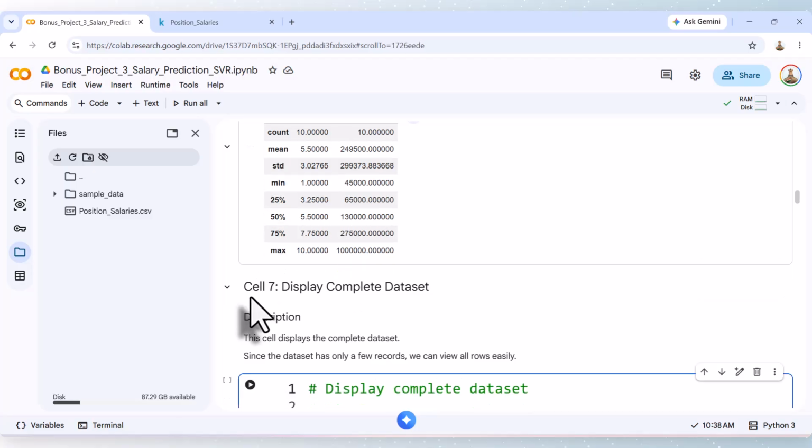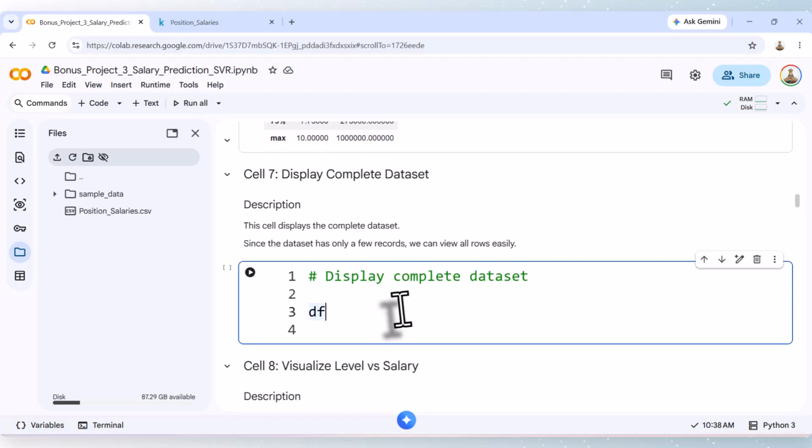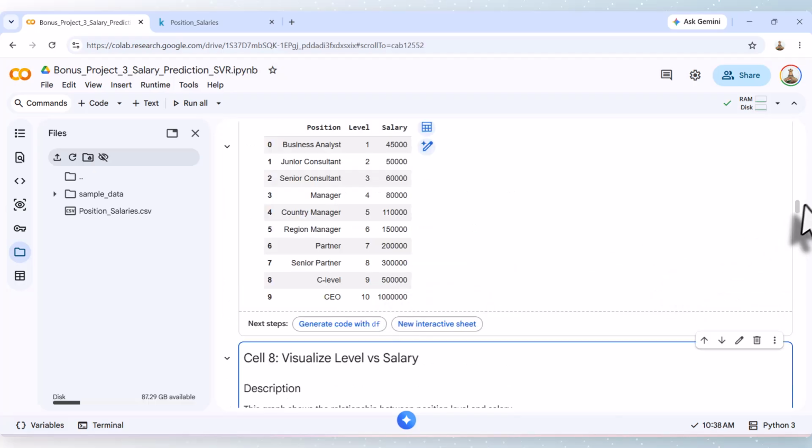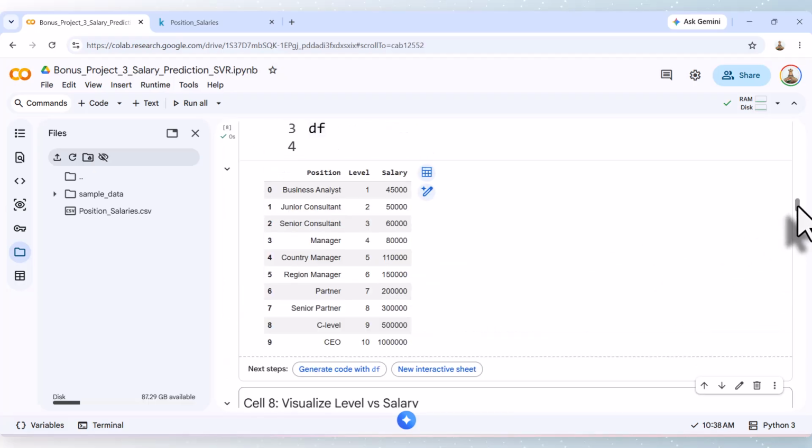Now here I am going to display the complete data set for checking how many total columns there are, because this is a simple data set. That's why I want to display all the rows and all the columns before going to the visualization.